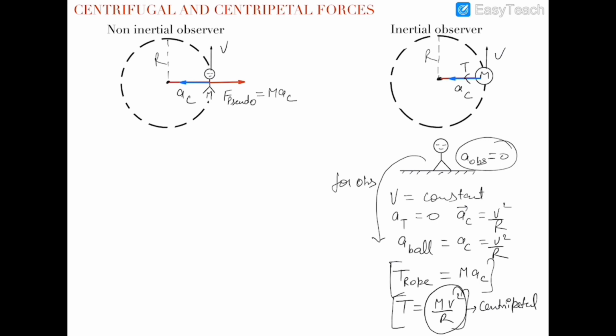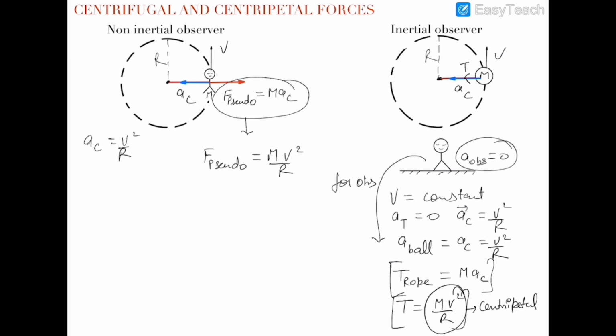So this pseudo force, which is acting away from the center, has the magnitude F pseudo equal to m a c, where a c we all know is equal to v square by r. So this is mv square by r.